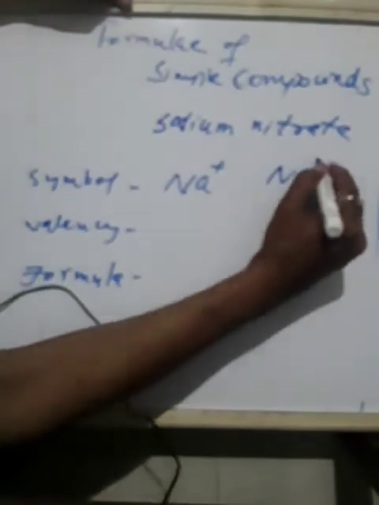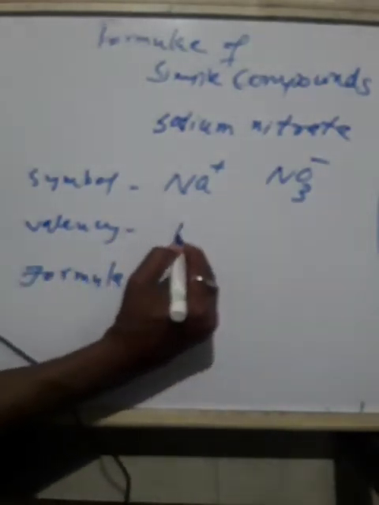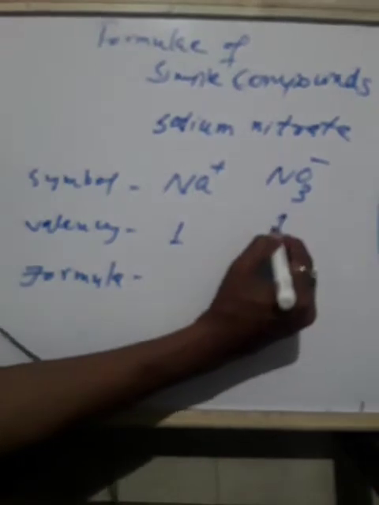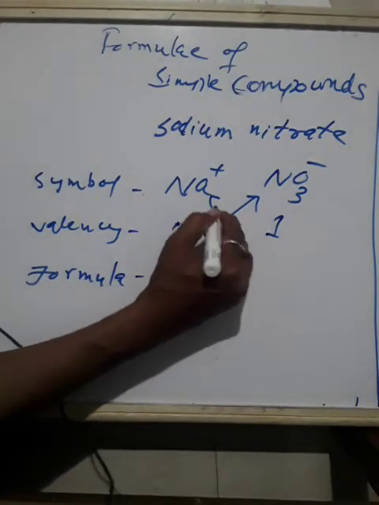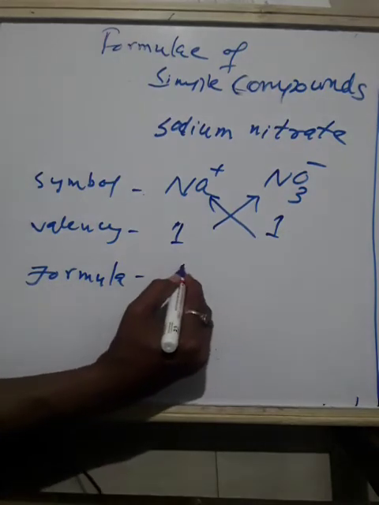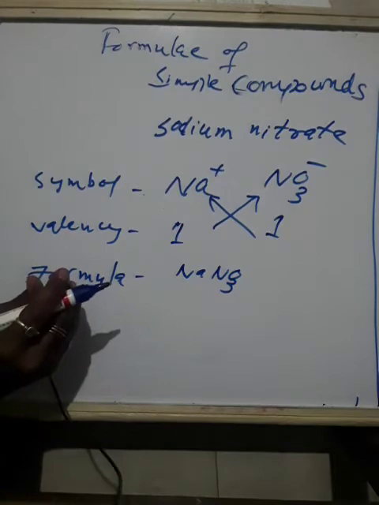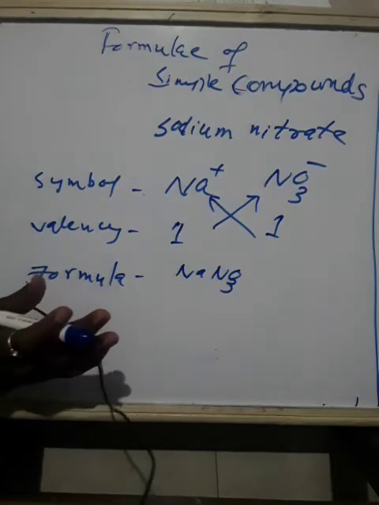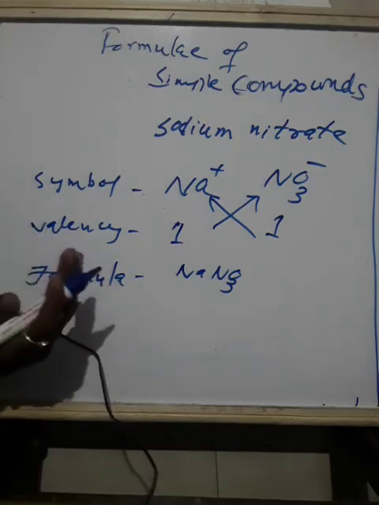Nitrate is a group, a polyatomic ion, represented by NO3 minus. Okay. NO3 minus, Na plus. It has one valency, and this also has one valency. Again, crisscross method. The formula becomes NaNO3. NaNO3 is the chemical formula for sodium nitrate.